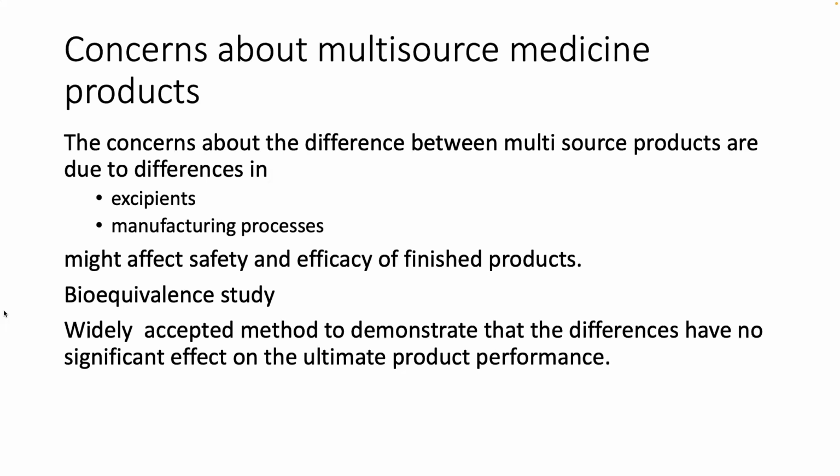So what they did was they identified what was happening, and then they definitely identified that both drugs were no longer bioequivalent, since that excipient was causing a significant change in the biological activity of the medicine.